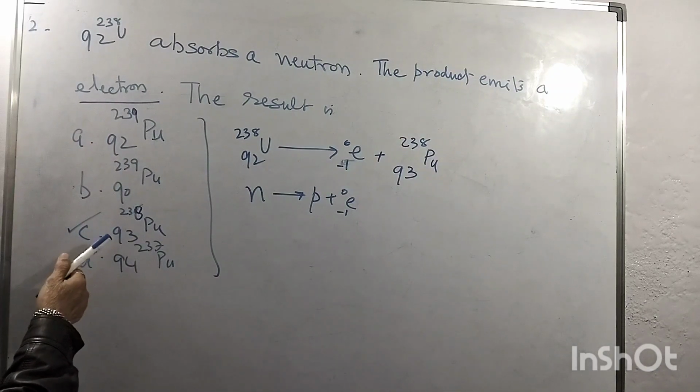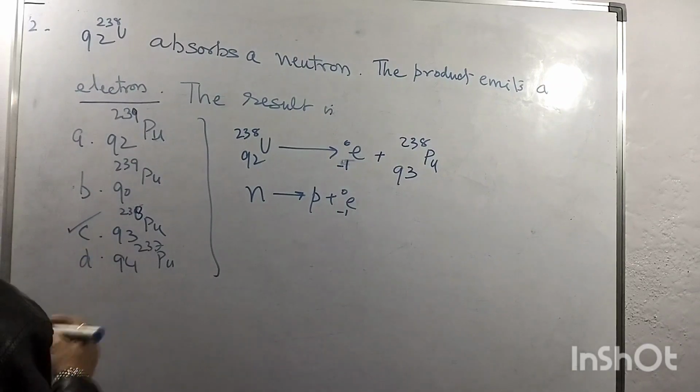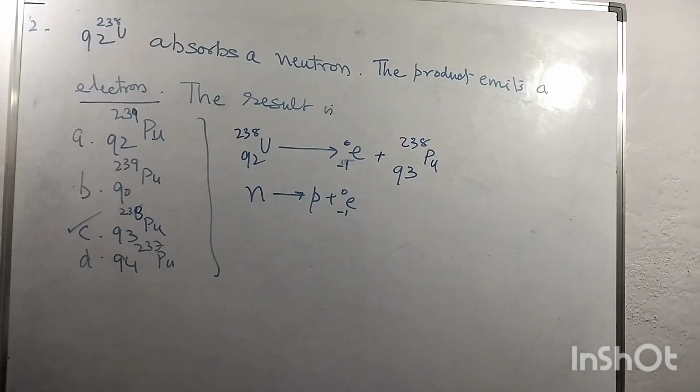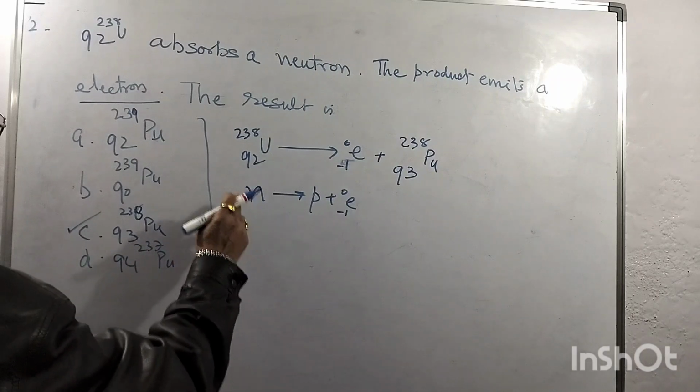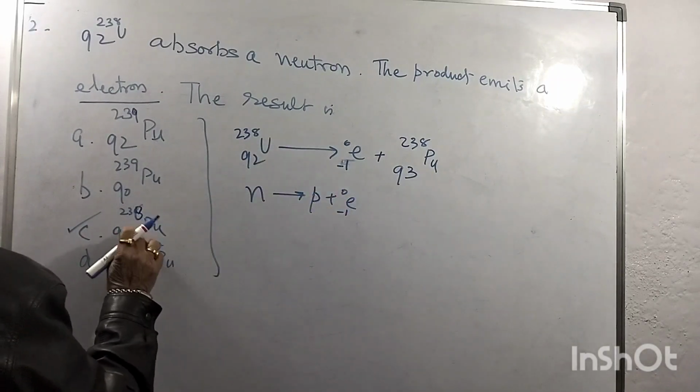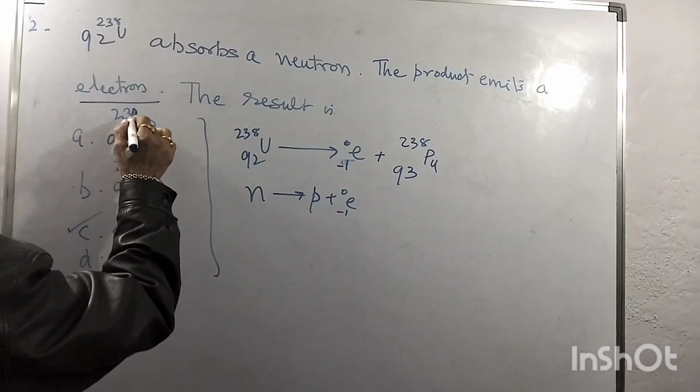So when charge changes by 1 unit, neutron changes to proton. Because charge increased from 92 by 1 unit, this must be 93. And the mass remains same.